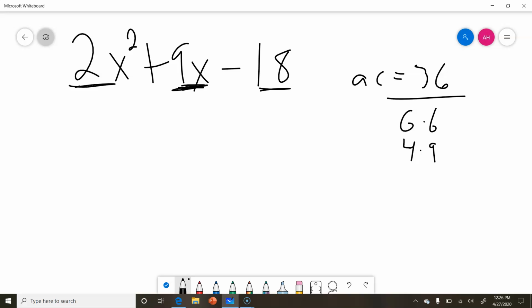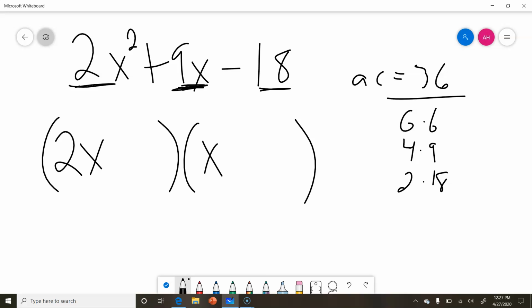And then what else could be equaling here? I have 2 and 18, right? That's not going to be 9. So I'm going to have to do a little trial and error on this guy, right? I'm going to have to do 2x on the front side, x on the back here, and I say, what is going to give me 2 times something?